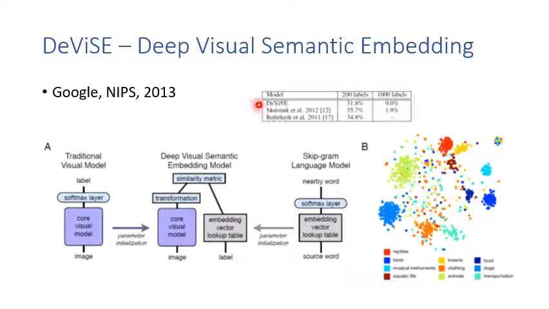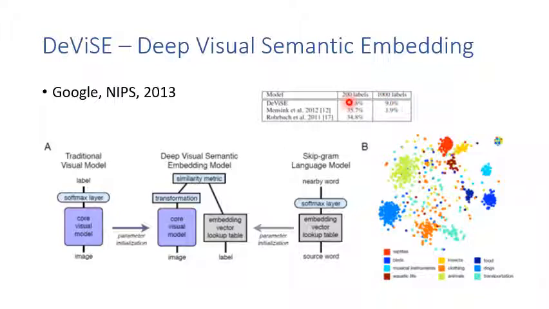So in DeViSE, the authors select 200 labels from ImageNet and use them to recognize a total of 1,000 labels. And DeViSE can reach 9% accuracy on recognizing around 800 unseen classes in the training data set.